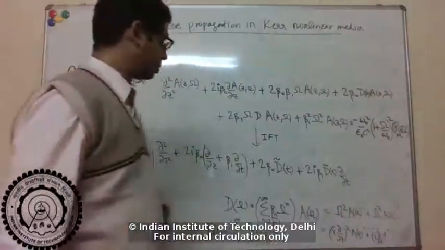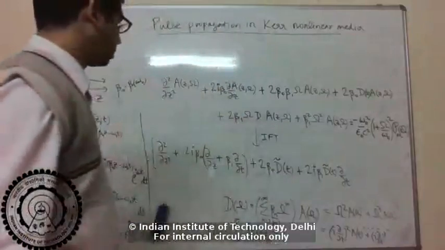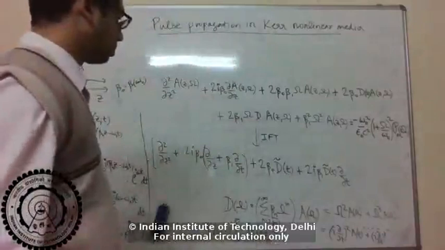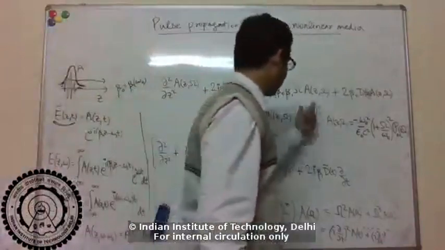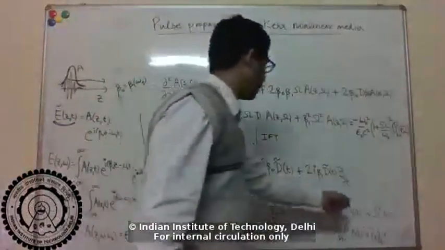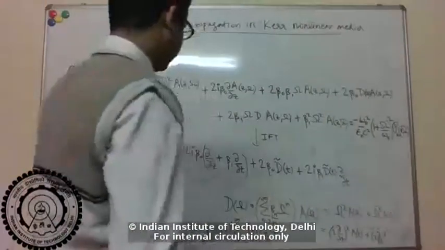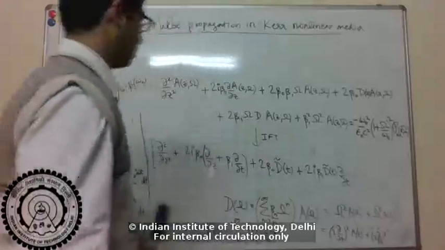Okay, that clear? That's what this is. Yes, sir. So this D of omega operating on A of omega, when I take the inverse and go to the time domain, is like D of t operating on A of t, where D of t I write as the summation of these nth order derivatives.